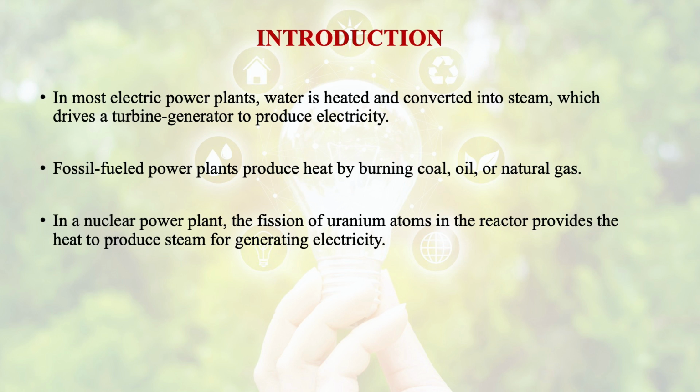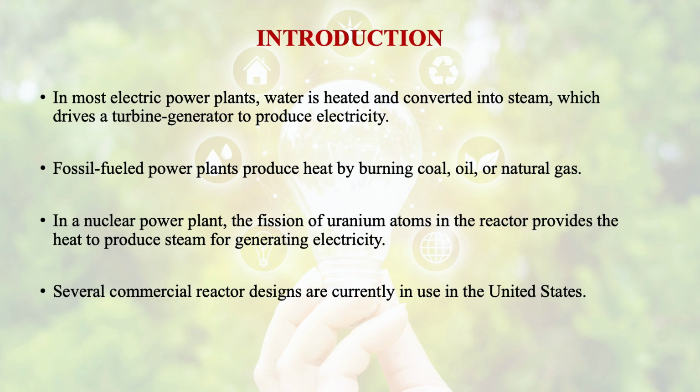In a nuclear power plant, the fission of uranium atoms in the reactor provides the heat to produce steam for generating electricity. So here the fuel is radioactive materials like uranium.